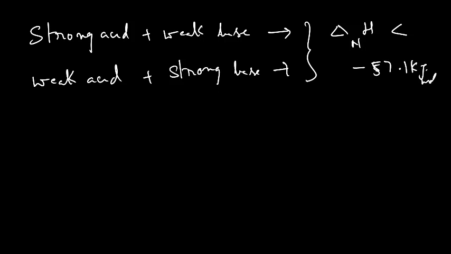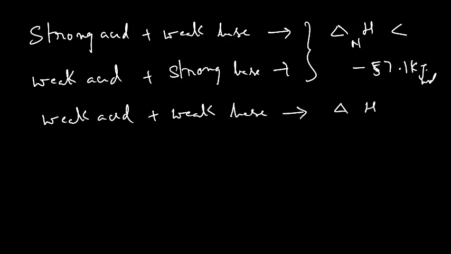That depends on the acid and base we take in the reaction. So this is less than 57.1, which means it cannot be fixed for all the combinations of acids and bases. In case of weak acid plus weak base, the enthalpy of neutralization is also less than minus 57.1 kilojoule per mole.